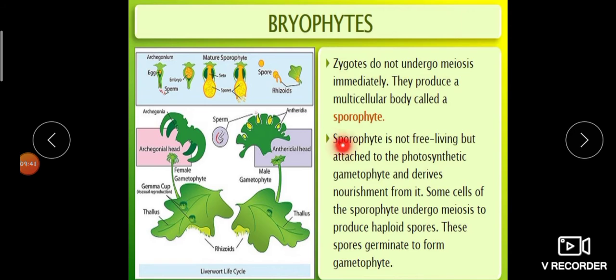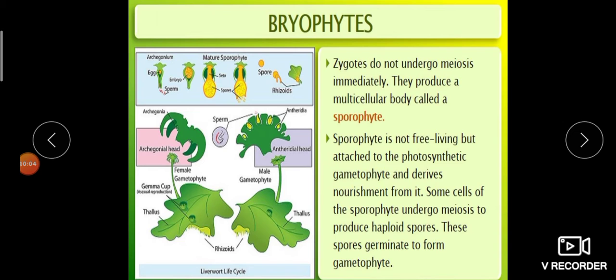That sporophyte is not free living, but is attached to the photosynthetic gametophyte, and it derives nourishment from the gametophyte. The sporophyte is present in the gametophyte itself, and derives the nutrients for its development from the gametophyte.